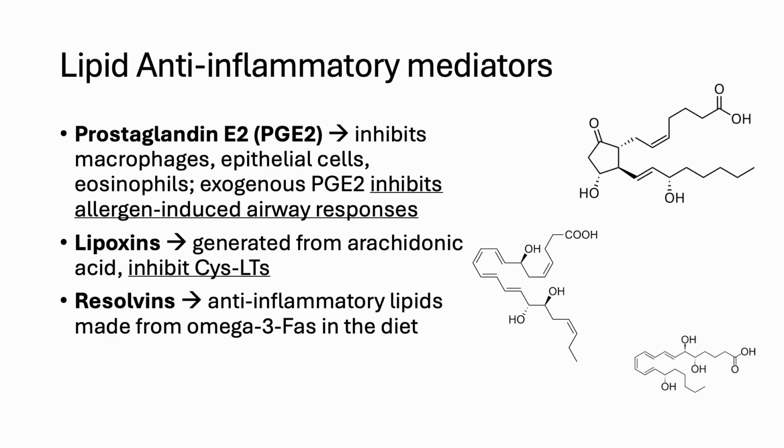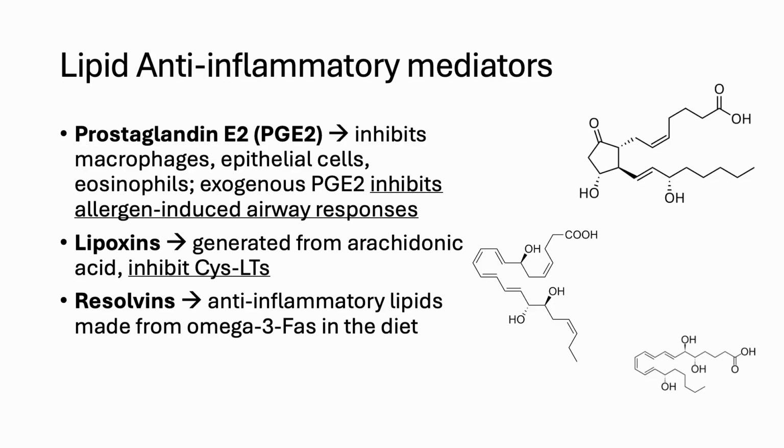And then finally, just thinking about some lipid anti-inflammatory mediators. We talked about inflammatory mediators that were lipids, but now we can think about anti-inflammatory ones such as prostaglandin E2. In contrast to prostaglandin D2, this one inhibits macrophages and various cells. And if you were to administer this, you would see that it inhibits airway responses that are caused by allergens.